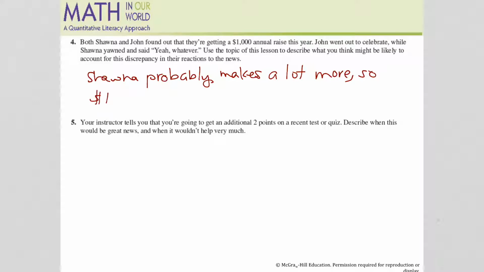So $1,000 to Shauna isn't as big a deal. While if John makes, I don't know, $10,000 a year, then $11,000, well, that's a big jump. If Shauna makes $100,000 a year, $101,000 isn't a big deal.